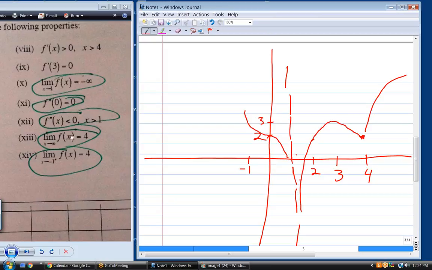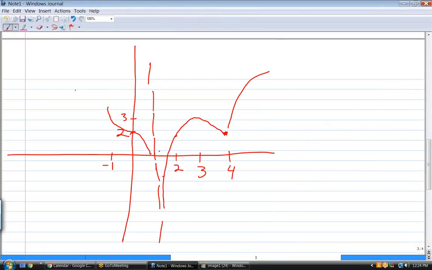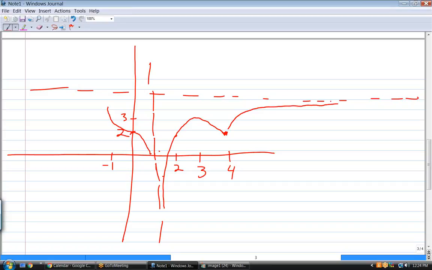Okay, the limit of f of x equals 4 as x goes to infinity. Well, that means there's a horizontal asymptote at 4, and this part is going to approach that horizontal asymptote, always still increasing and always being concave down.